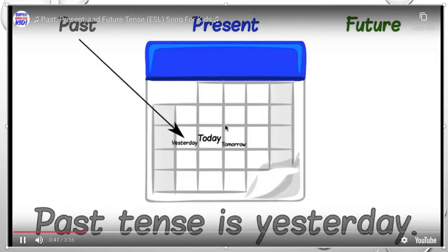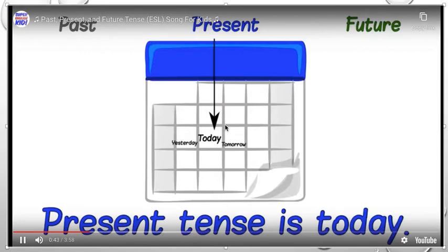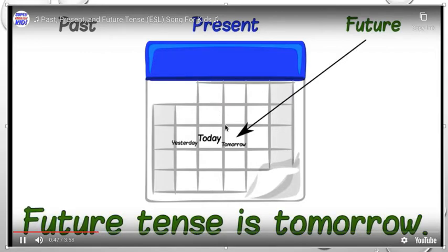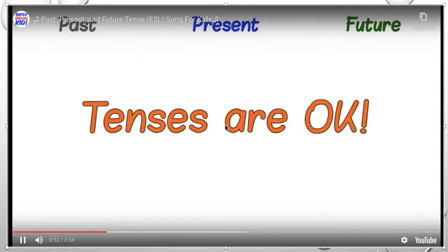Past tense is yesterday, present tense is today, future tense is tomorrow, tenses are okay.